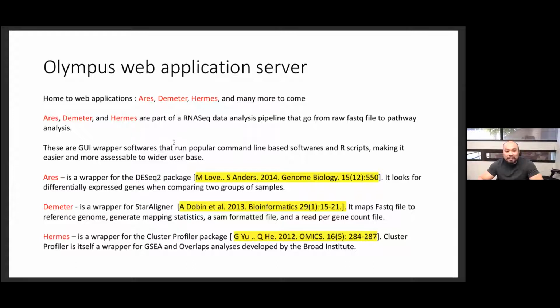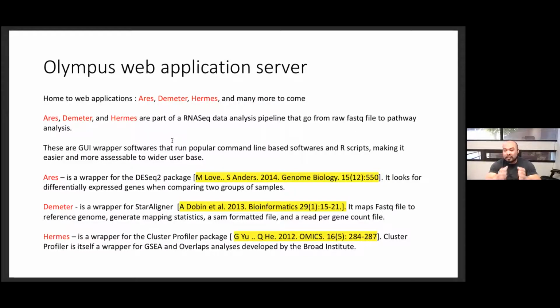And what Ares, Demeter, and Hermes are, they are essentially part of an RNA-seq data analysis pipeline that will bring you from raw FASTQ files. So if you send your sample to UAGC to do RNA sequencing, we have worked with the UAGC, so they'll directly deposit your data into your folder in the CyVerse UA SRC drive.